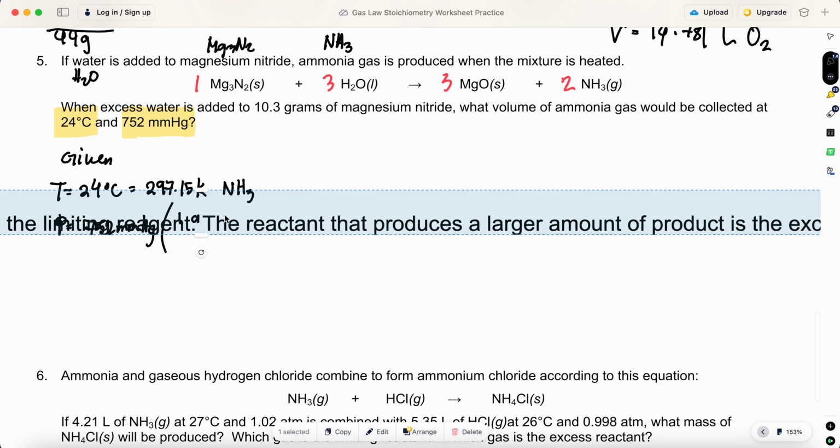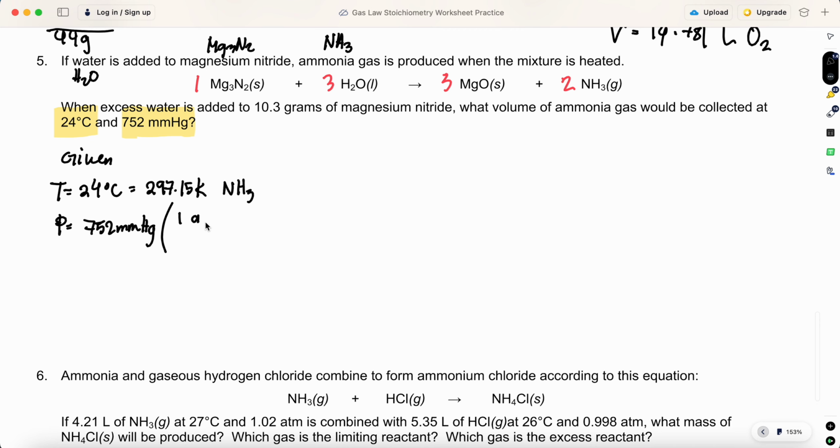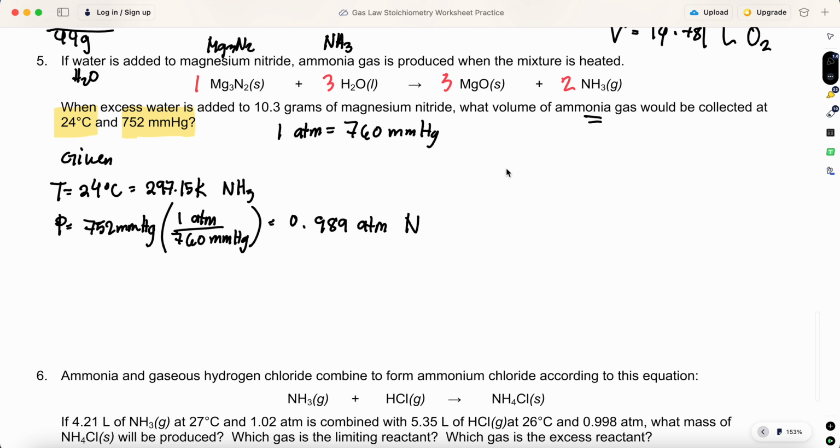We should know that 1 atm is equal to 760 mmHg. So for us to convert, this is 0.989 atm, the pressure of ammonia gas, NH3.